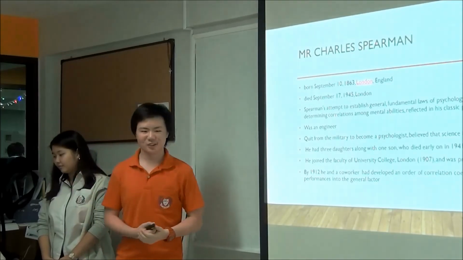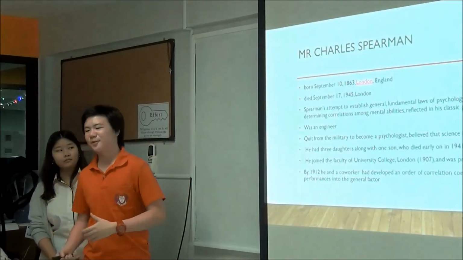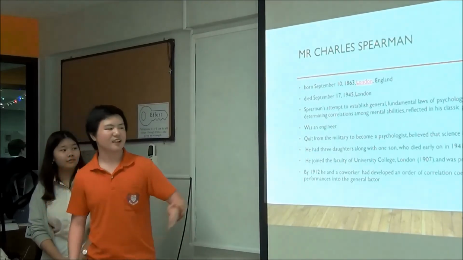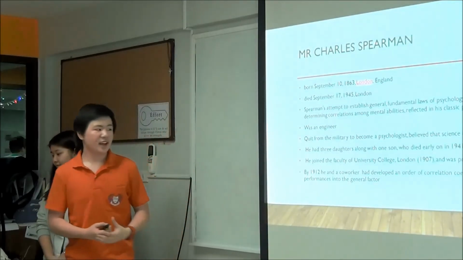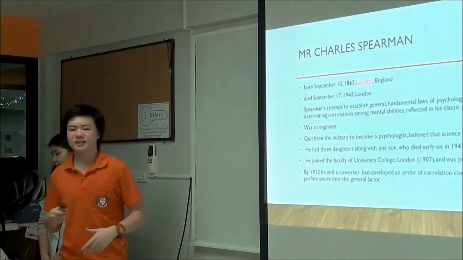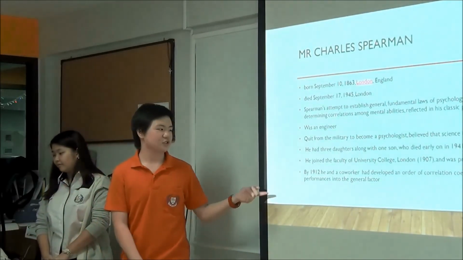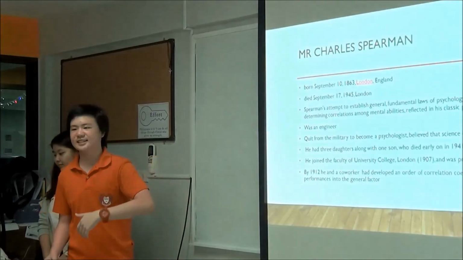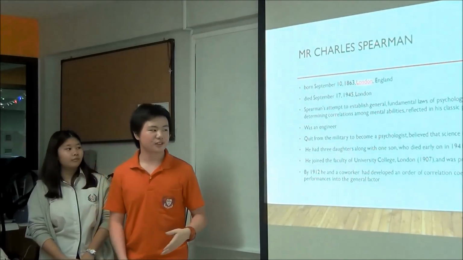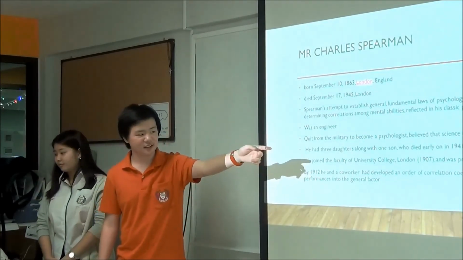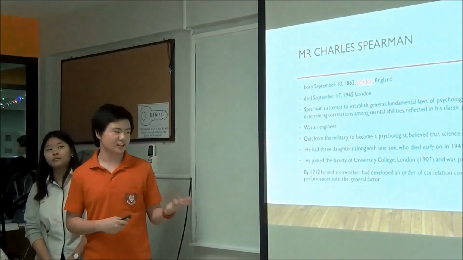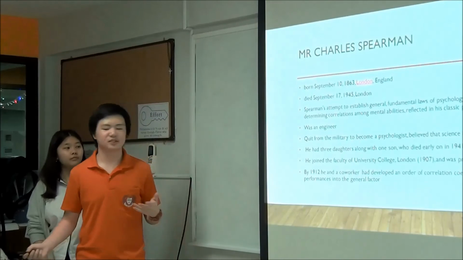He had 3 daughters along with 1 son, but sadly they died early, in 1941. And he was also a professor, he taught students, and he joined the faculty of University College London in 1907 and was a professor from 1911 to 1931. So yeah, he did some decent teaching to the students.